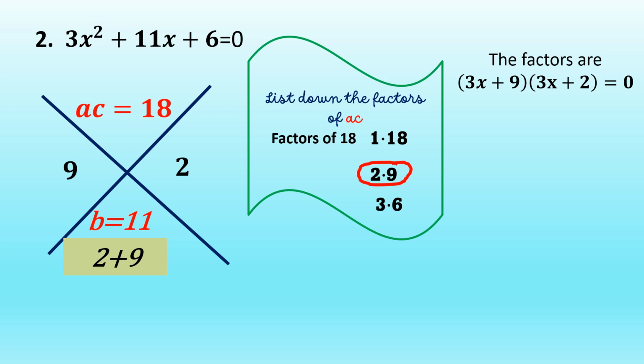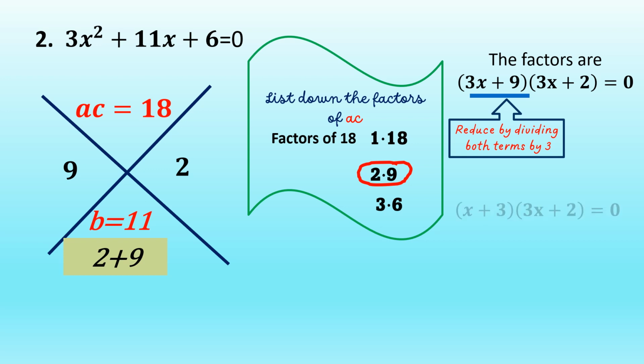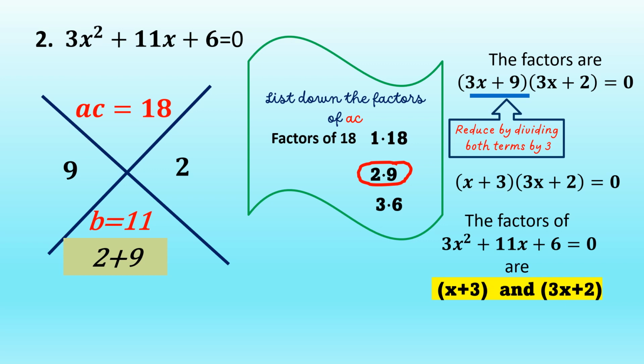Okay, so we can reduce the first factor, 3x plus 9, by dividing both terms by 3. So 3x divided by 3 is equal to x. 9 divided by 3 is 3. So we have the factors, quantity x plus 3 times quantity 3x plus 2 equal to 0. The factors of 3x squared plus 11x plus 6 equal to 0 are quantity x plus 3 and quantity 3x plus 2.